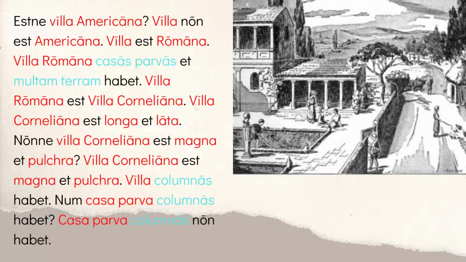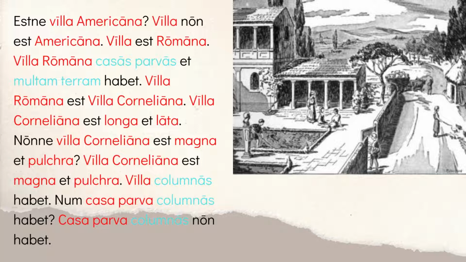And you're expecting the answer to be no. So one way you can translate this is by saying surely not, or surely it doesn't have columns. Another way to say it is the little hut doesn't have columns, does it? And again, you're expecting this answer to be a no, because why would a small little hut have columns? And then you have your answer, casa parva columnas non habet. The small hut doesn't have columns, non habet columnas.